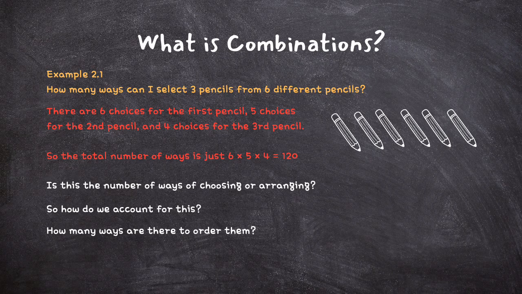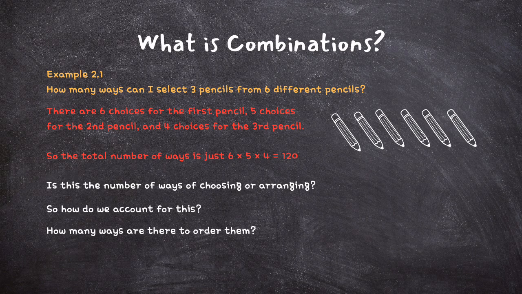For example, choosing pencil A first and pencil B second is the same as choosing pencil B first and pencil A second, right? And so how do we account for this? Well, to answer that question, we must consider how many ways there are to order the pencils.